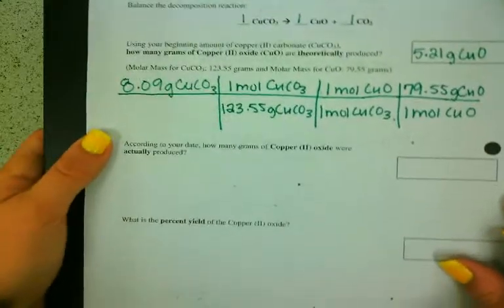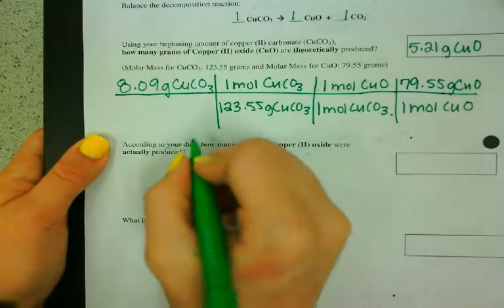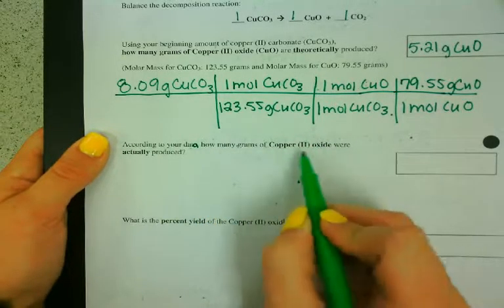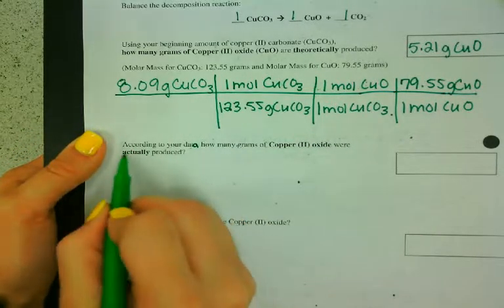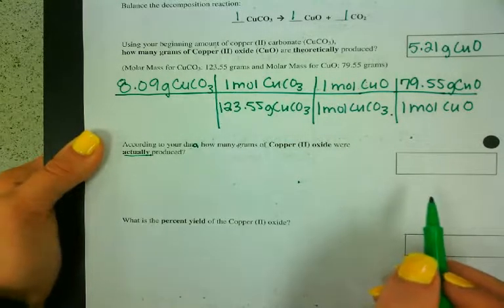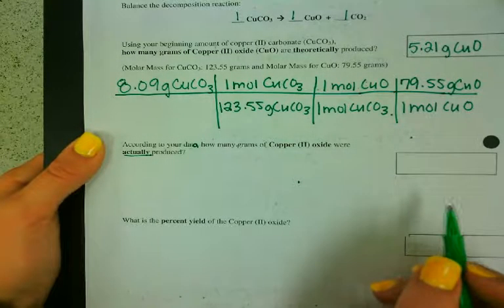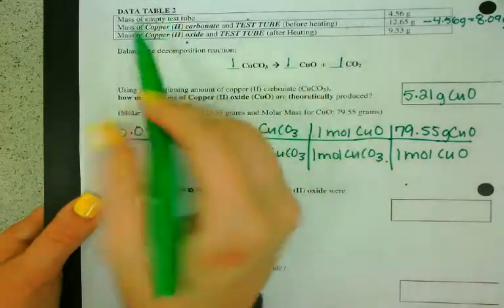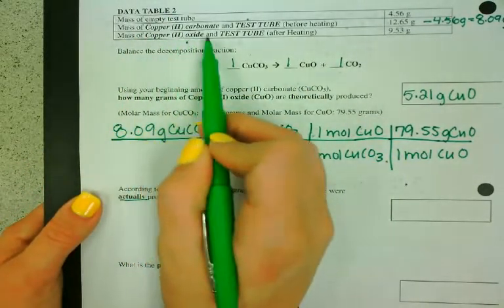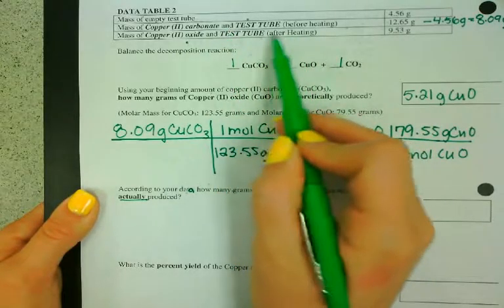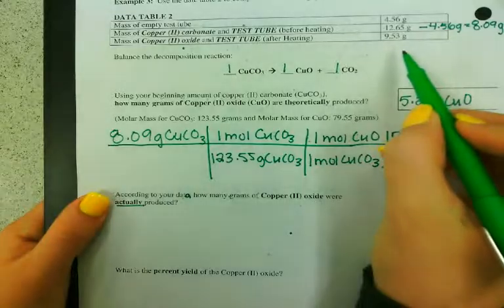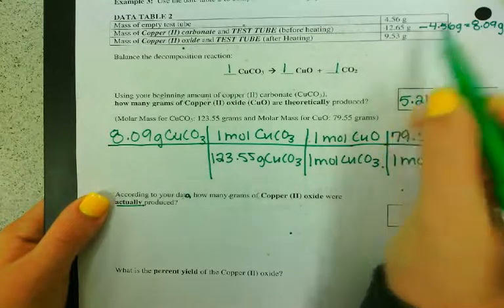Now it says, according to your data, how many grams of copper 2 oxide were actually produced? So to find how many were actually produced, I look at the data table and I see the mass of copper 2 oxide in the test tube after heating, so after the reaction is over, is 9.53 grams.